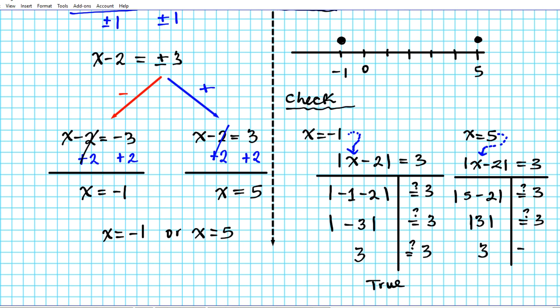So we have 3. Is 3 equal to 3? Yes, that's true. Since both checks come out true, what does that mean? It means that our answer, x equals negative 1 or 5, is in fact correct. So this is good.